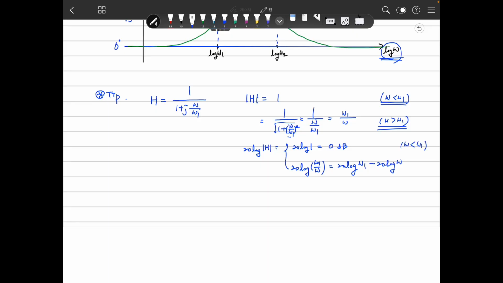This is where omega is smaller than omega 1, and where omega is larger than omega 1. So this is important, the figure of that here.